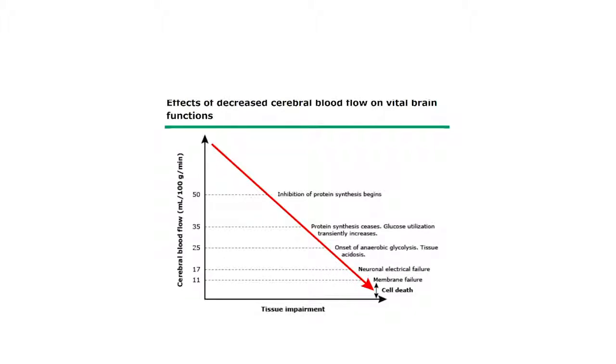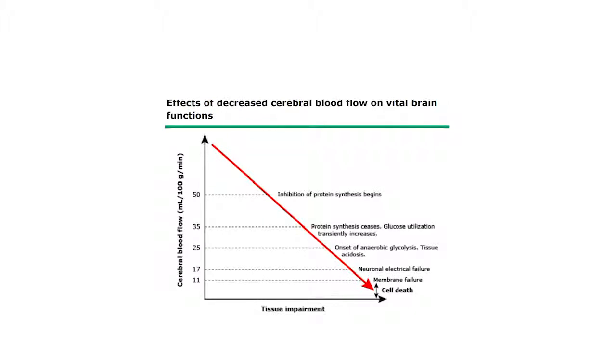And then at 25 ml per 100 grams per minute, there's onset of anaerobic glycolysis, and then this leads to accumulation of lactic acid, which leads to acidosis. Now, eventually this leads to neuronal electrical failure, which occurs at about 16 to 18 ml per 100 grams per minute, and failure of membrane ion homeostasis occurs at 10 to 12 ml per 100 grams per minute, and this level marks the threshold for development of infarct.